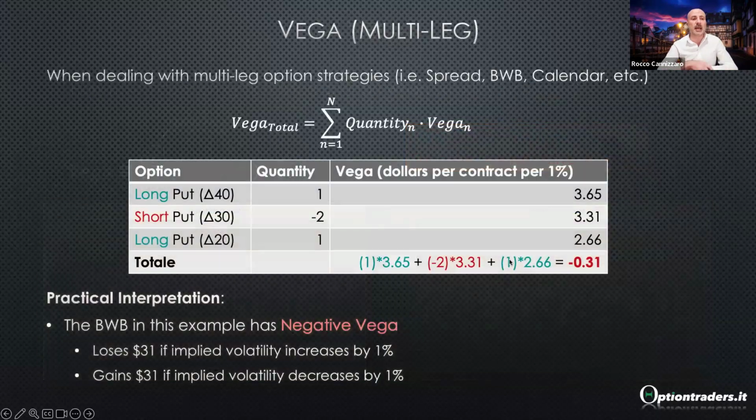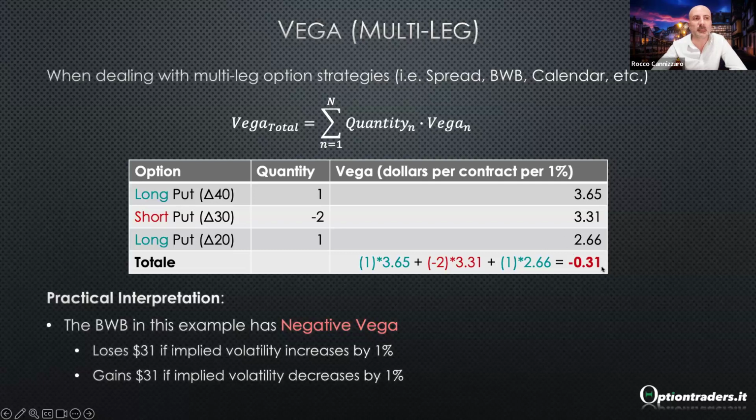Going to the next step, obviously I'm not always just buying or selling a single option. I'm buying and selling a combination of them. So if I'm buying or selling a spread, a butterfly, a calendar or whatever, let's say in this case we have a butterfly, which is 40, 30, and 20 deltas. We take the Vega of each individual option, multiply by the quantity and sum, and that's the total Vega.